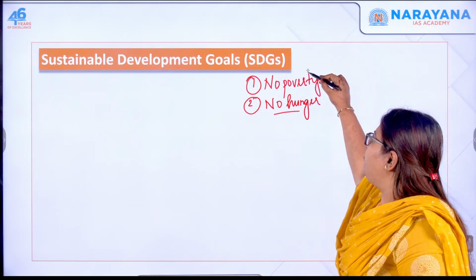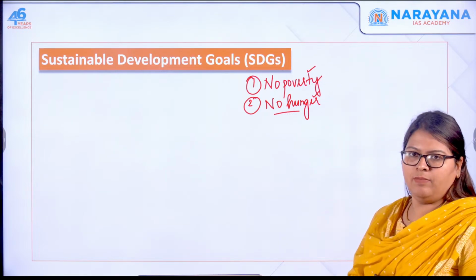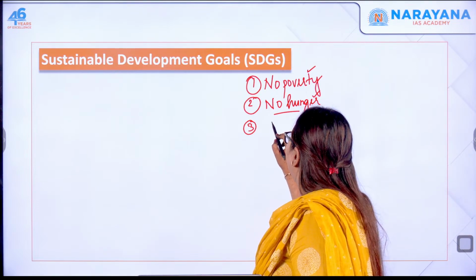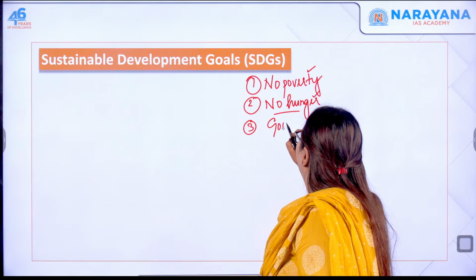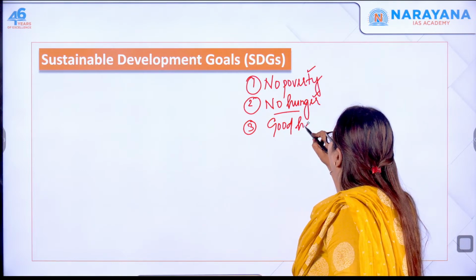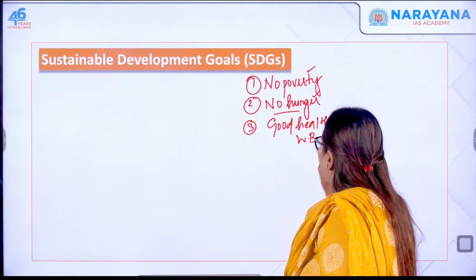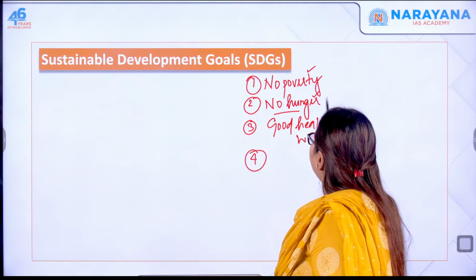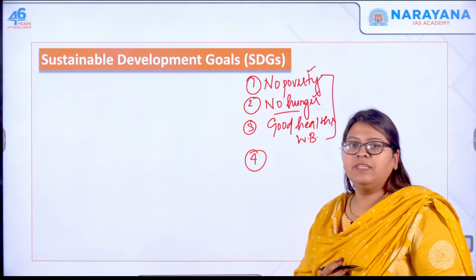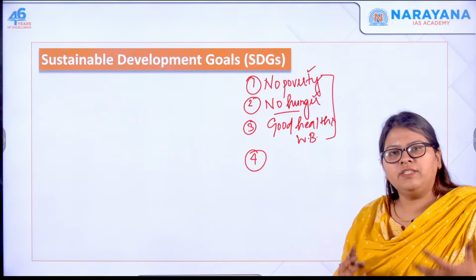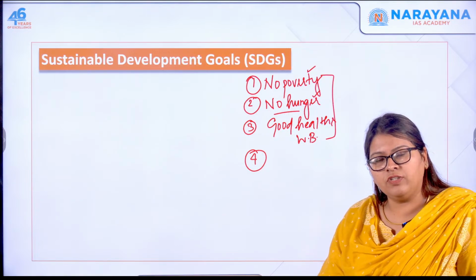So when there is no poverty, you're not hungry anymore. When there is no hunger, you actually have what? Good health. Good health and well-being. So when all these are satisfied, when you're not poor, not hungry, and your body is in good shape, then what will you focus on?